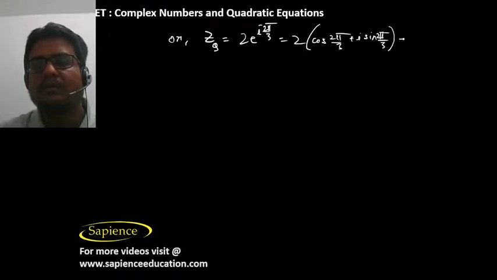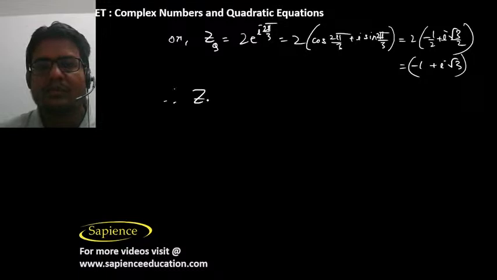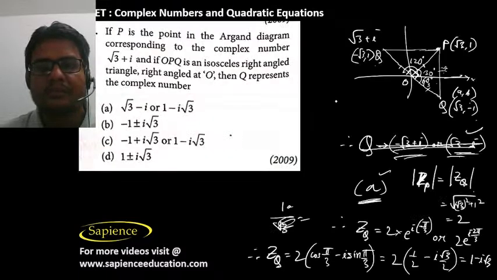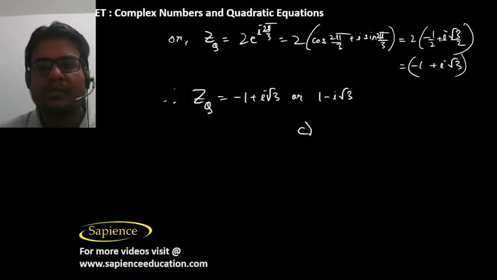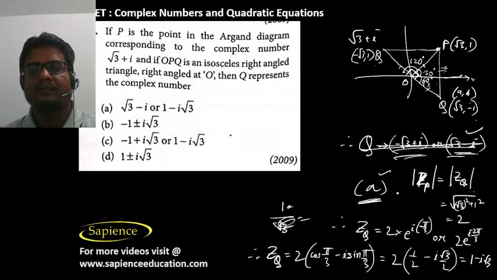So that will be 2 into minus half plus I into root 3 by 2. So that is minus 1 plus I root 3. So therefore the complex number Q, that can be minus 1 plus I root 3, or it can be 1 minus I root 3. So it means option C is the correct answer. So A is not the correct. Option C is the correct answer.